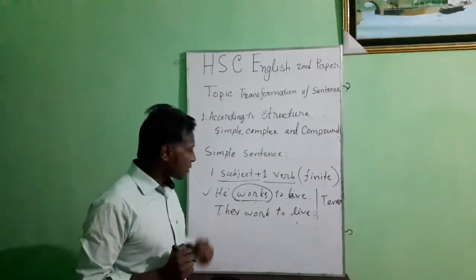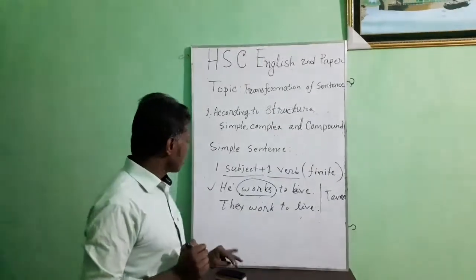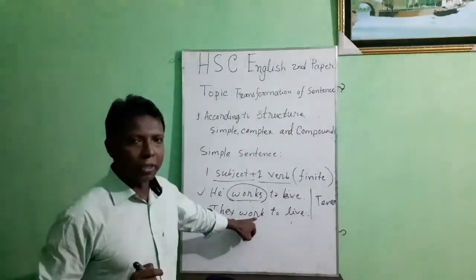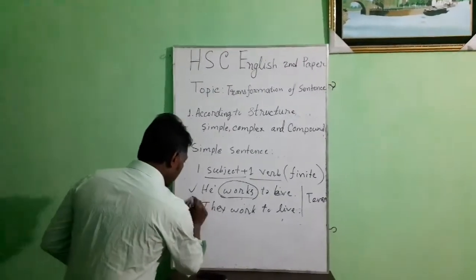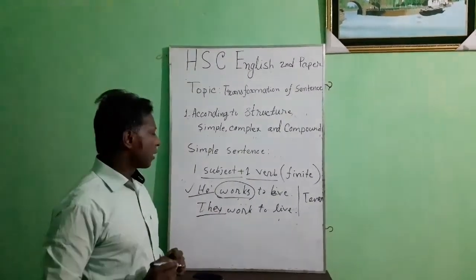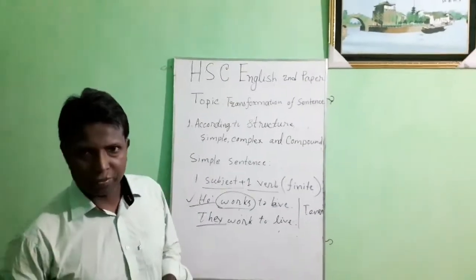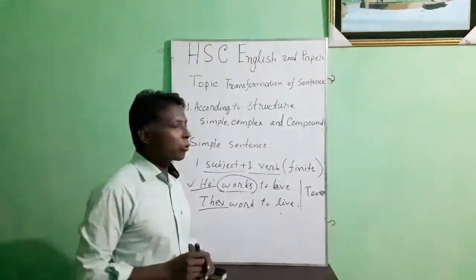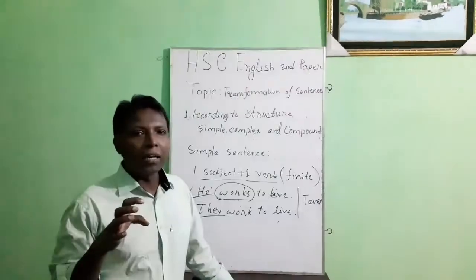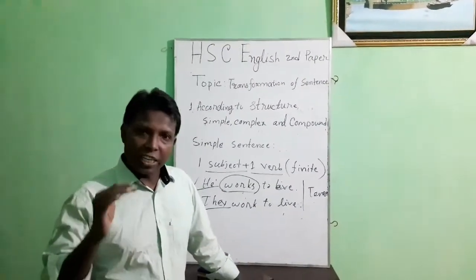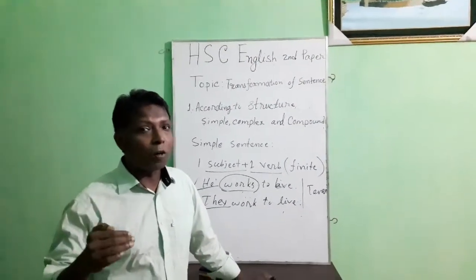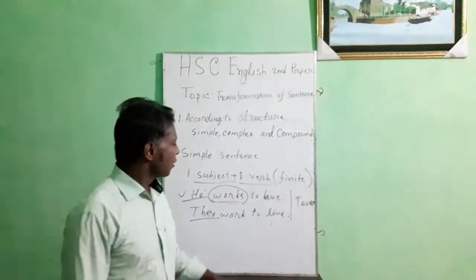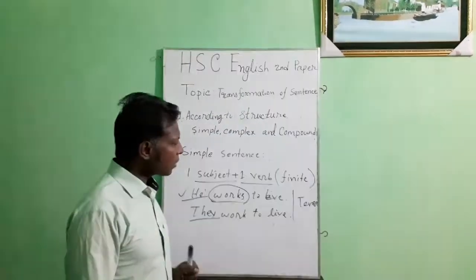But in case of work, we do not add s at the end of the word, because it depends on the number and the tense. It is present tense and the number is singular and plural. So when we see a verb change on the basis of tense and person or number, we call it finite verb.